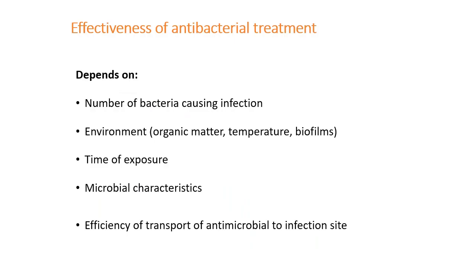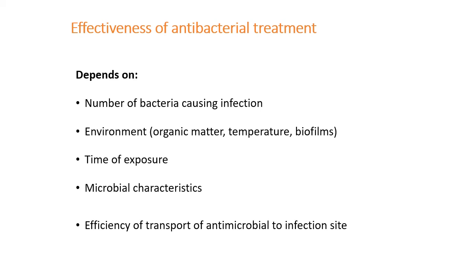So the effectiveness of an antimicrobial treatment really depends on a number of different variables. One is the number of bacteria causing an infection. If you have, for example, a cut in your hand and it's contaminated with a small number of bacteria, it's fairly easy to control that infection, for example, just by topical antisepsis or even just using soap and water in the wound.